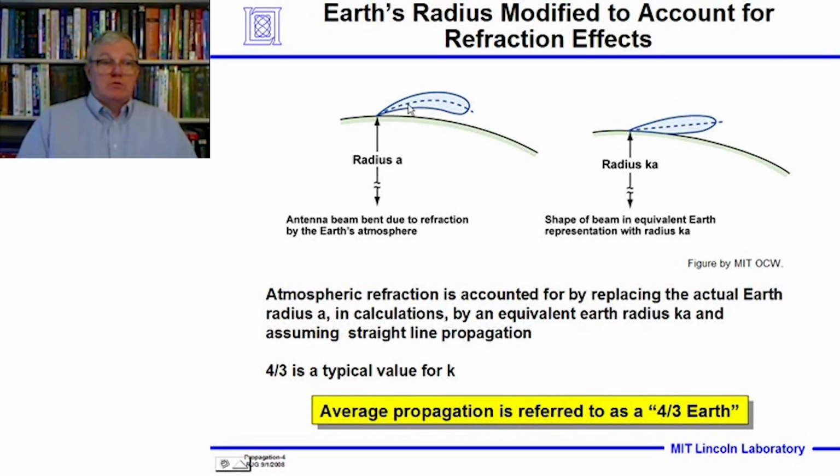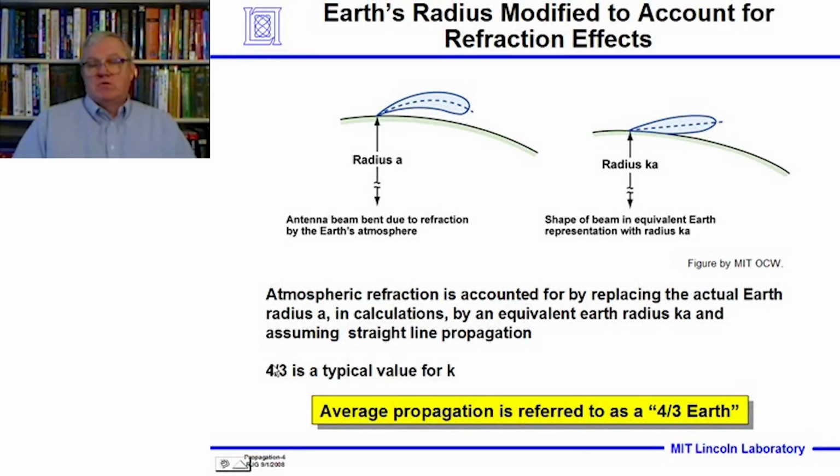But what we can do is account for the refraction by replacing the radius of the Earth, A, in our geometrical calculations by an equivalent Earth radius, Ka, and then assume straight line propagation. So here we have an antenna beam bent due to refraction by the Earth's atmosphere, radius A, and the shape of the beam in an equivalent Earth represented with a radius Ka. Okay, and it will give you the same results for the radar horizon.